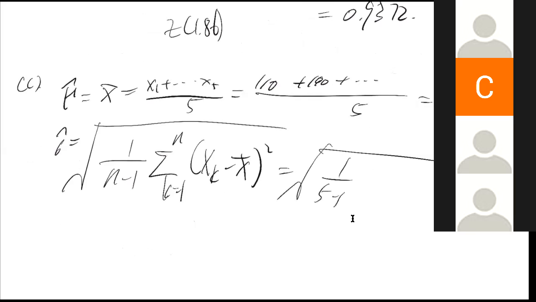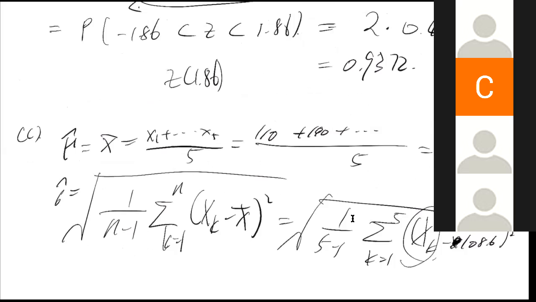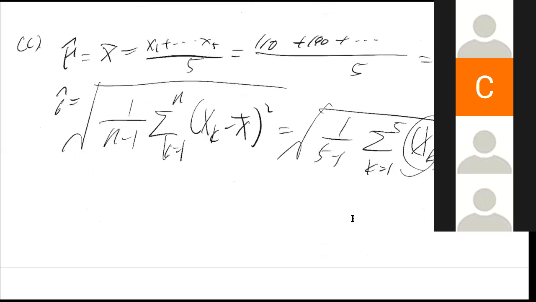So 1 over 5 minus 1, the summation from k equals 1 to 5 of x_k minus x bar, and x bar is what we just calculated, 108.6, squared. We just plug in these 5 numbers as x_k, and then calculate the result, and the result will be around 7.403.